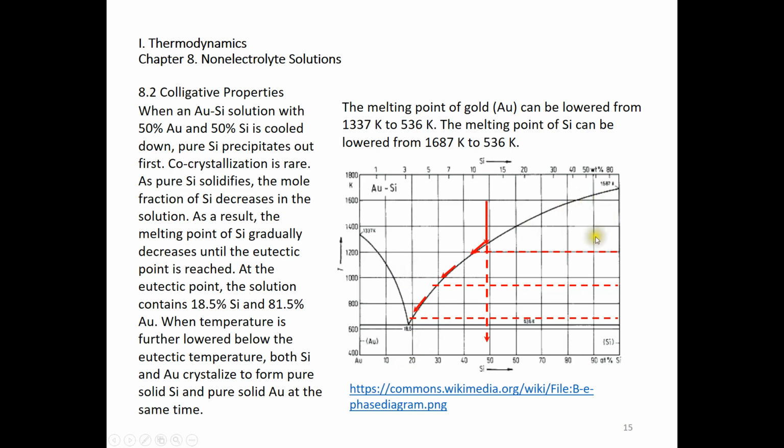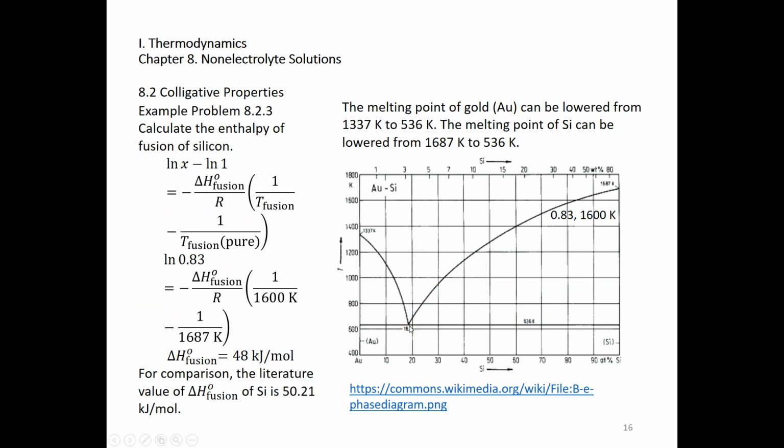So at first you get a lot of pure silicon solid until you reach this point. At this point, you will get solid gold and solid silicon at the same time. Alright. There's some numerical example, so you can always look at the phase diagram.